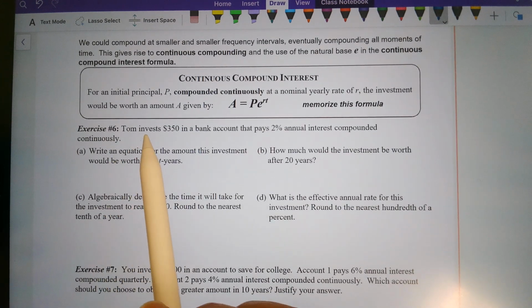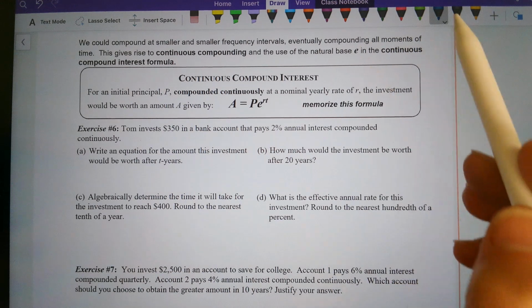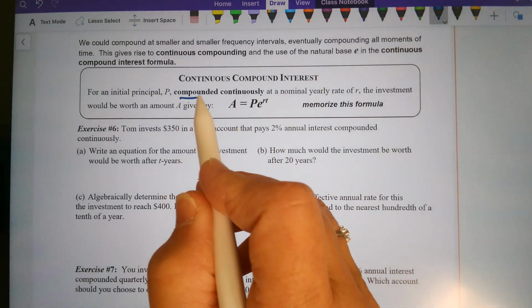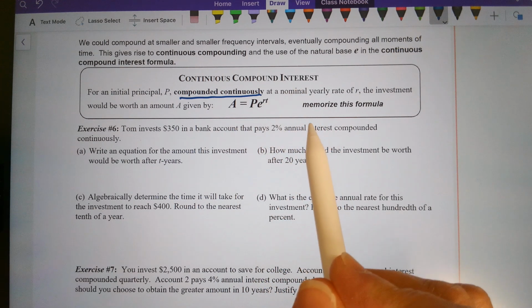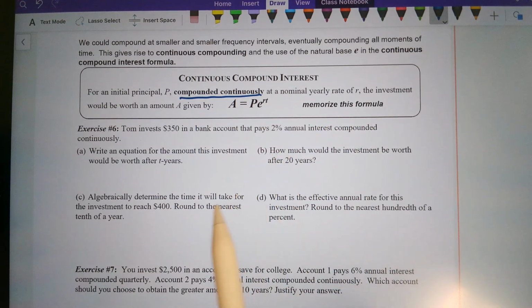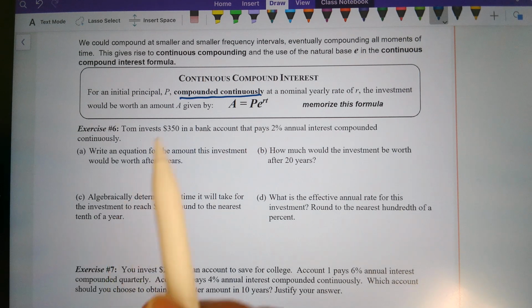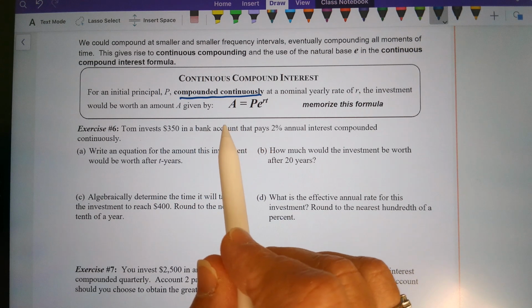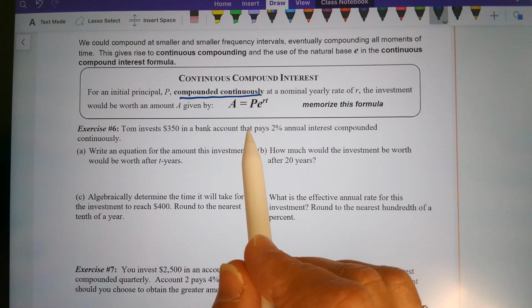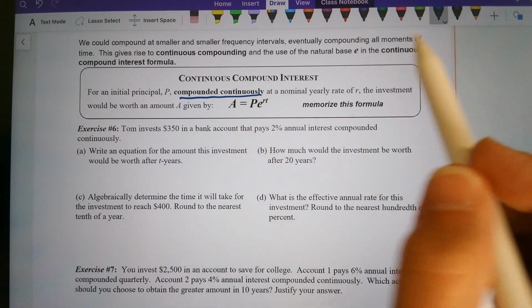For an initial principal, capital P, compounded continuously, I say continuously has the e. At a nominal yearly rate, lowercase r, the investment would be worth an amount, capital A, given by the formula capital A equals P times e to the rt.